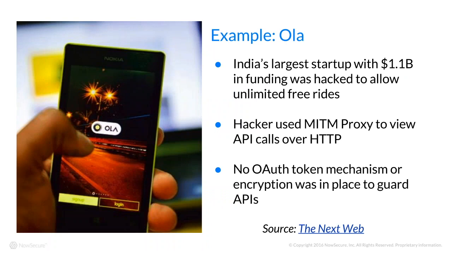In this scenario, a hacker used MITM proxy to view API calls over simple HTTP, so insecure communication. Using these calls, they showed that there wasn't an OAuth token mechanism or any other encryption to guard the APIs. The hacker made several transactions to see the data that was sent and quickly found that he could reuse his original order ID to endlessly gain access to unlimited free rides.